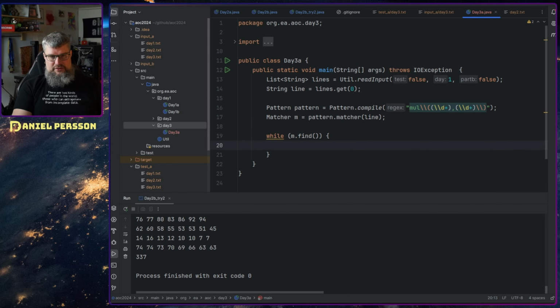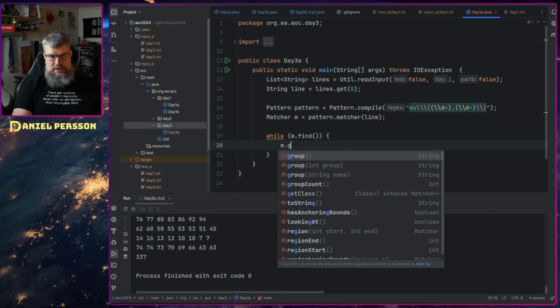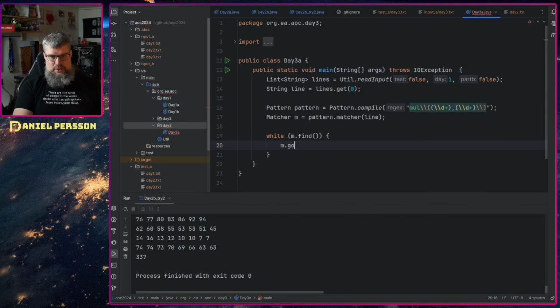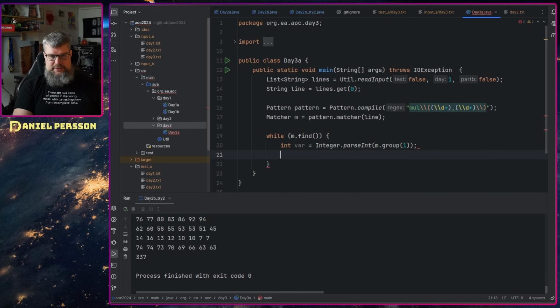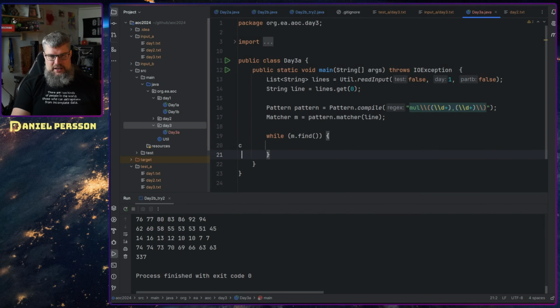So if we find something, then we'll take group 1, and this should be an integer: Integer.parseInt of group 1, and this is val1.